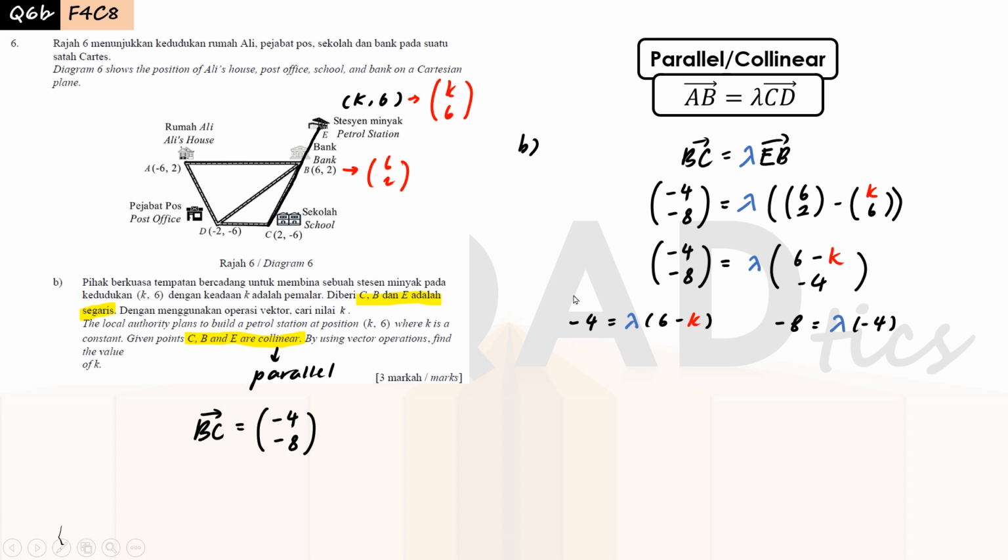Alright, so the first equation we have two unknowns, the second equation we have one unknown, so let's simplify this first. Okay, so if I simplify, I can get lambda equals to 2, then I can substitute here, find the value of k, which is 8.